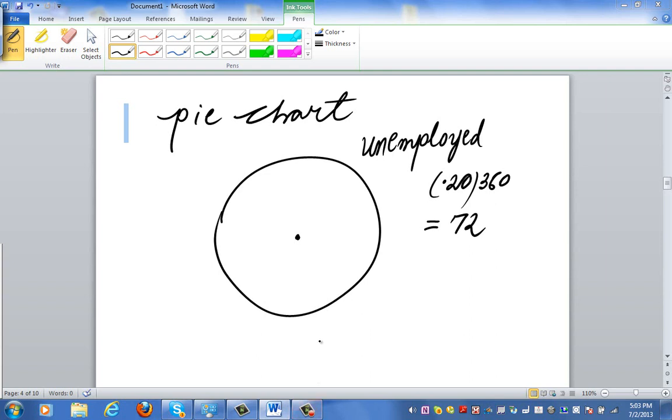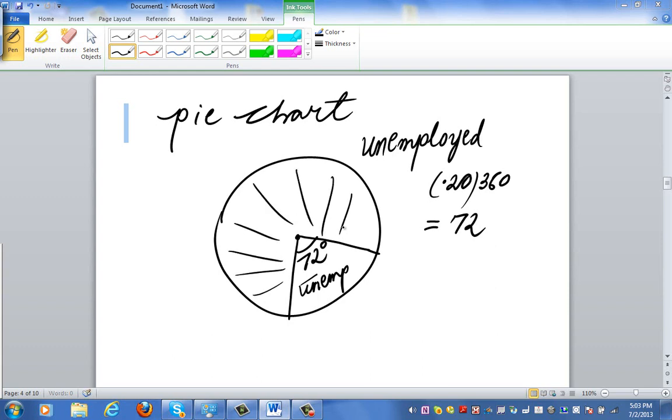Okay, and so you allocate a slice, let's say like this, where this is 72 degrees, and that's the slice for unemployed, and the rest of the pie will represent the employed category. Okay, so that's what a pie chart is.